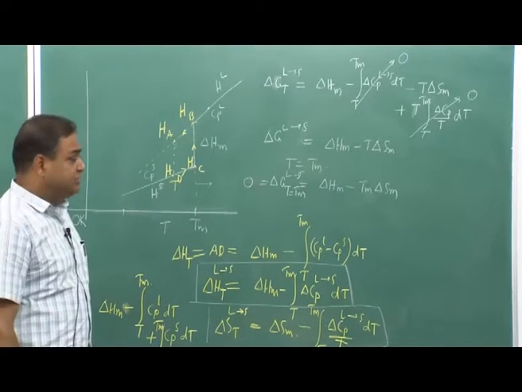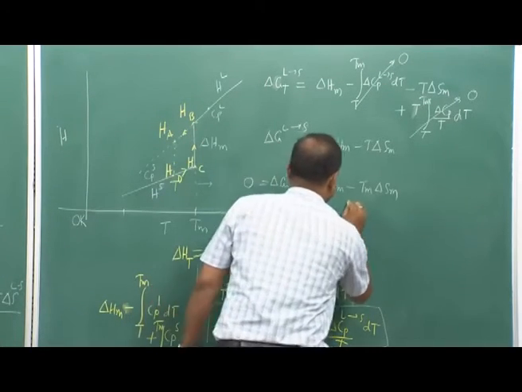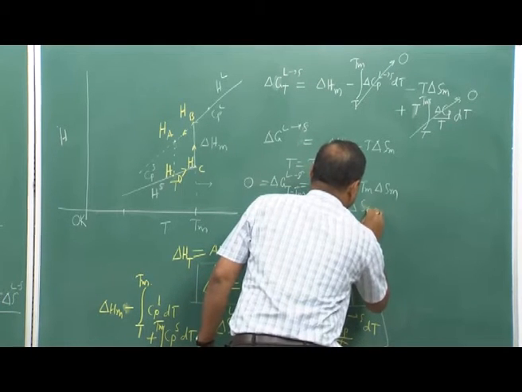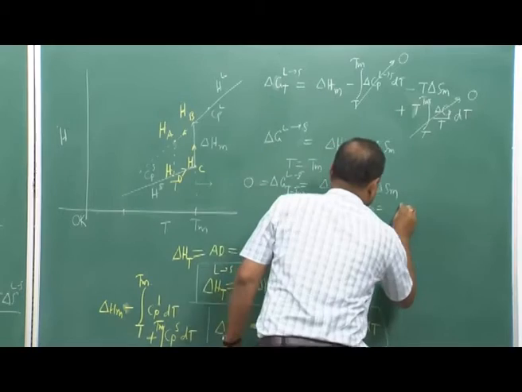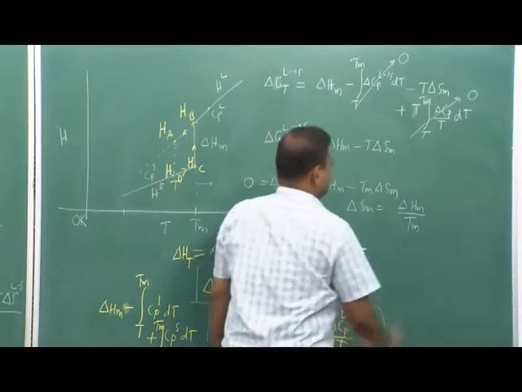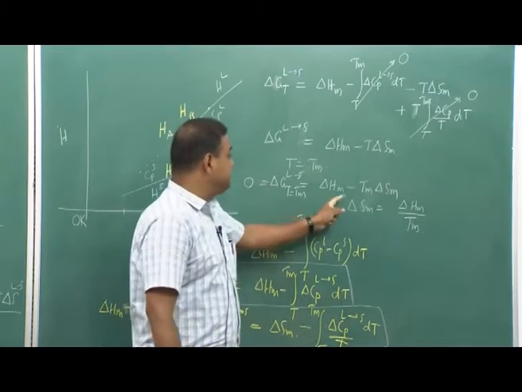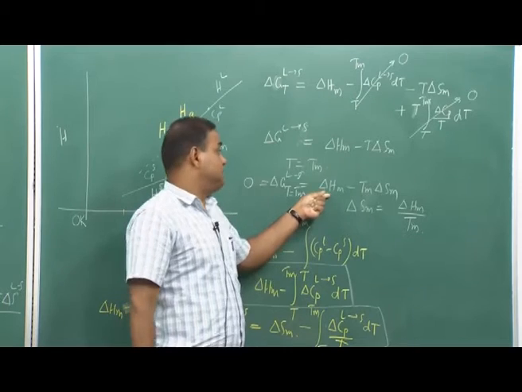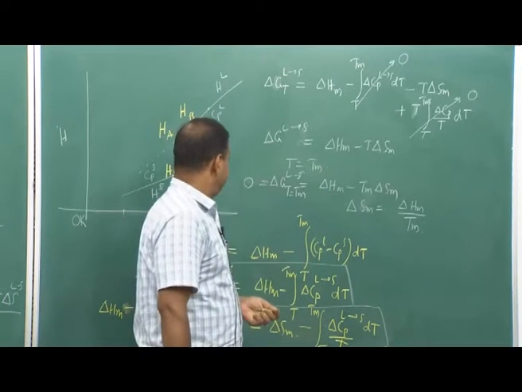If that becomes 0, then I can write del Sm equal to del Hm by Tm. So, I convert everything in terms of enthalpy of melting or latent heat of melting or solidification.